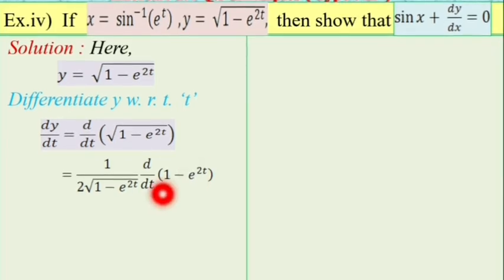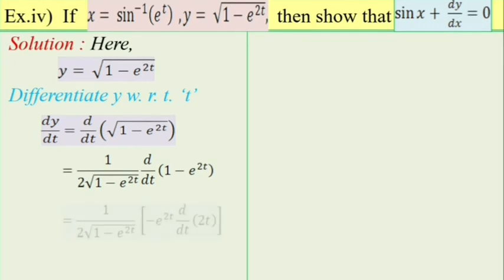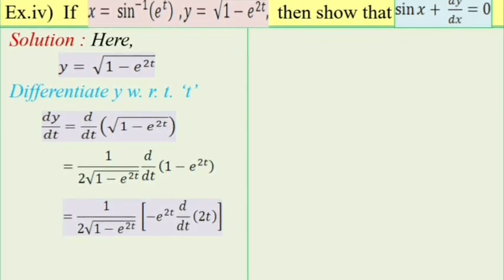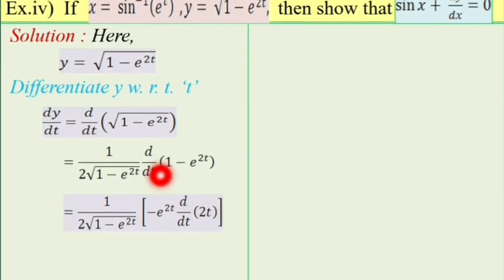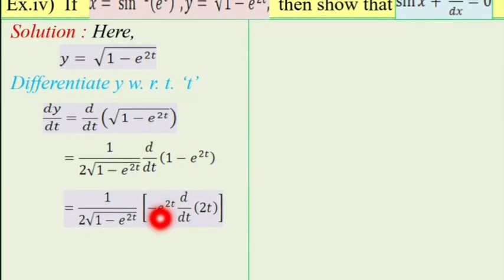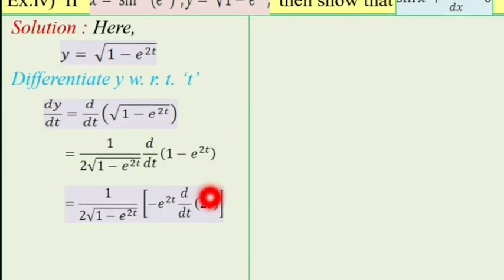Now only take the derivative of 1 minus e raised to twice t, and therefore we get the first term as it is, 1 upon 2 root of 1 minus e raised to twice t, into bracket: 1 having the derivative 0, minus e raised to twice t having the derivative e raised to twice t into d by dt of twice t.